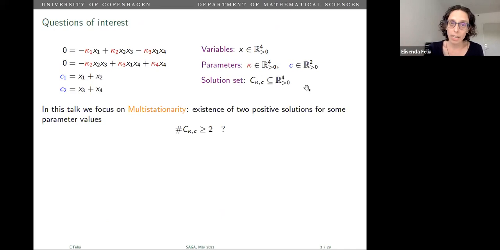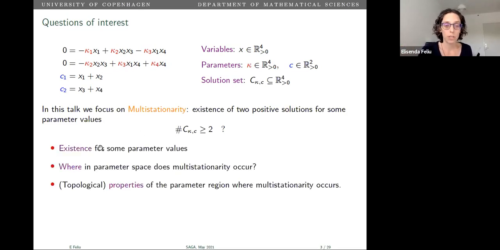So for today, what I will be mainly talking about is the property of when, how, and why this set will have at least 2 points, right? And the specific questions of interest are whether I can find parameter values for which this set has at least 2 points. This is a property called multistationarity, and the name comes from the application setting.